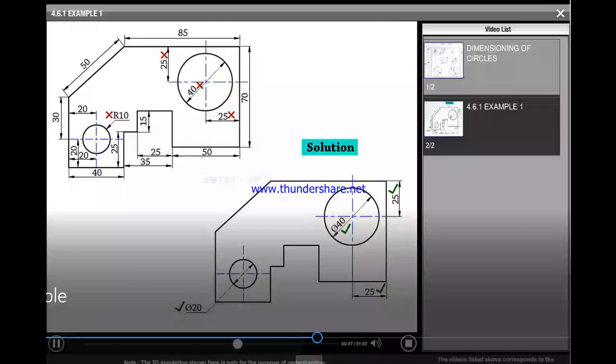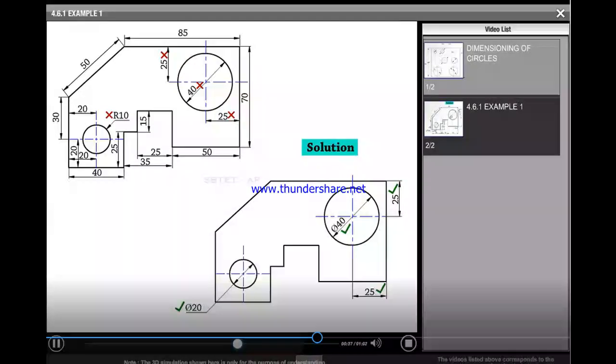Similarly, R10 is also not correct. Radius means half of the dia, so that R10 is not a correct indication there. That's why it is wrong. So it is a wrong representation.